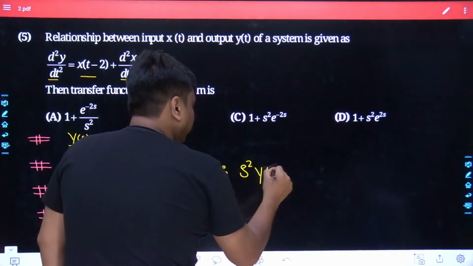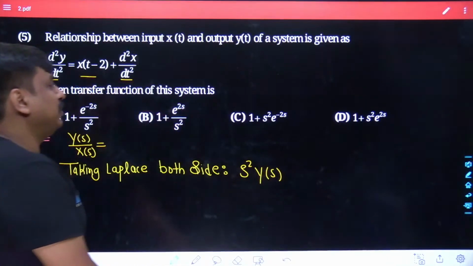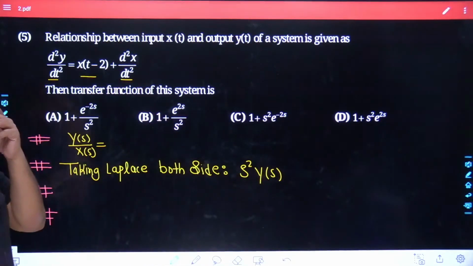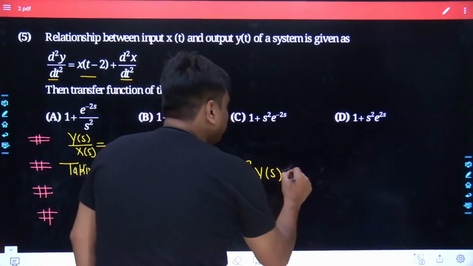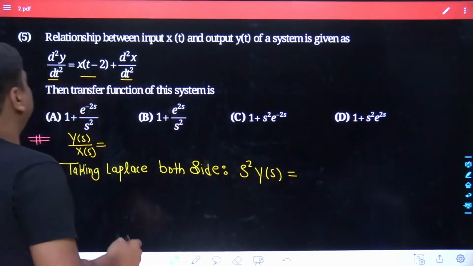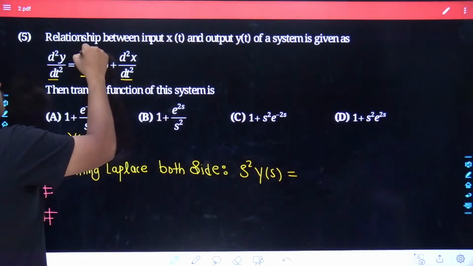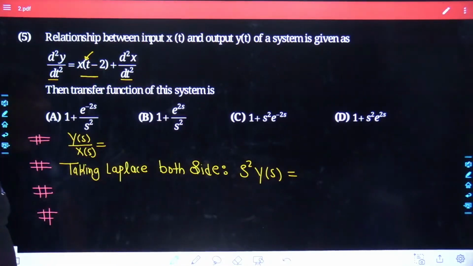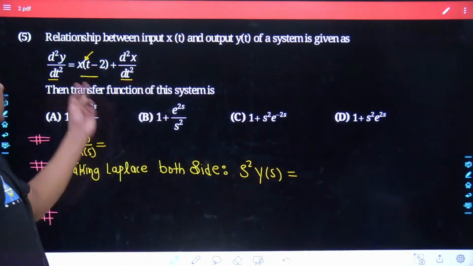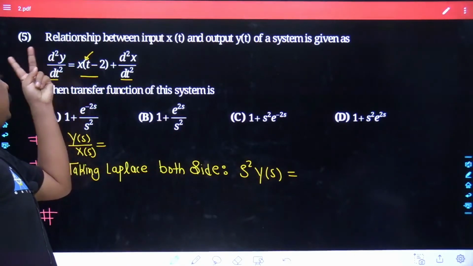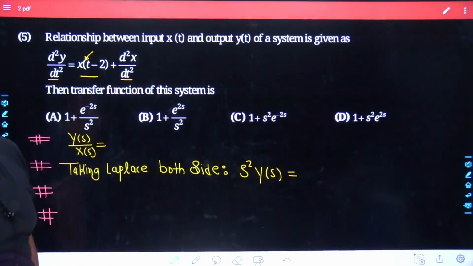A small y becomes a capital Y, and earlier it was a function of t, now it changes to a function of s. Now, many students might have doubts, sir, whether it is a time variant or invariant system, my dear friend. Only if something is getting multiplied with t would it become a time variant system. This particular form of the input is not a time variant system. It is a time invariant system. Even so, you'll get its transfer function.